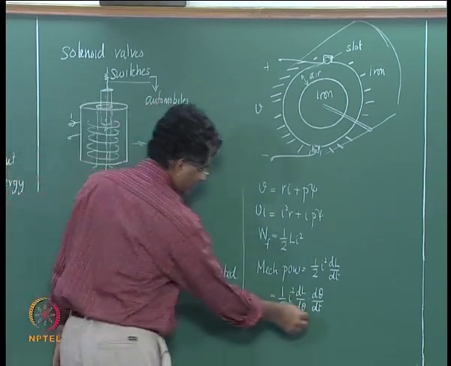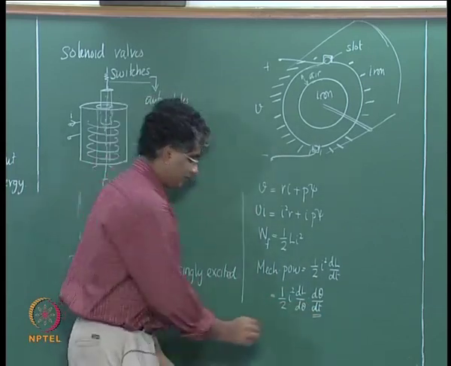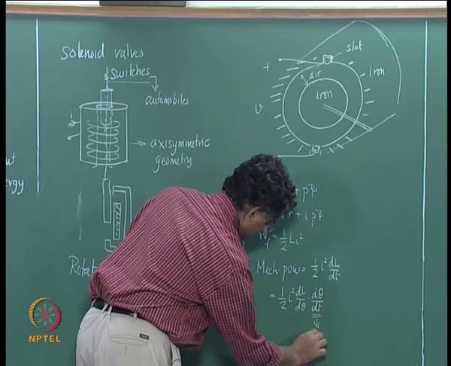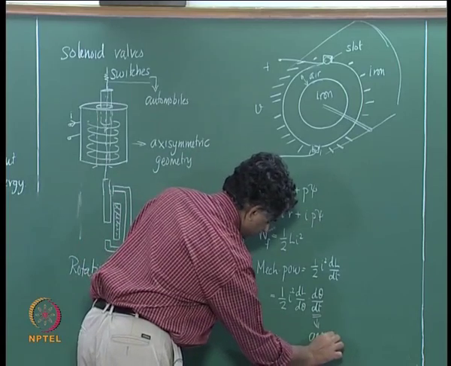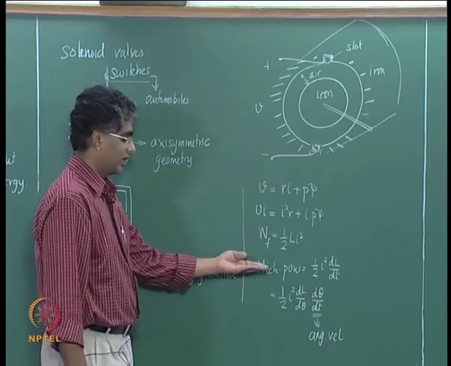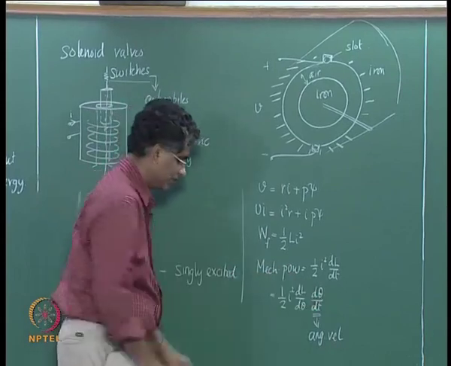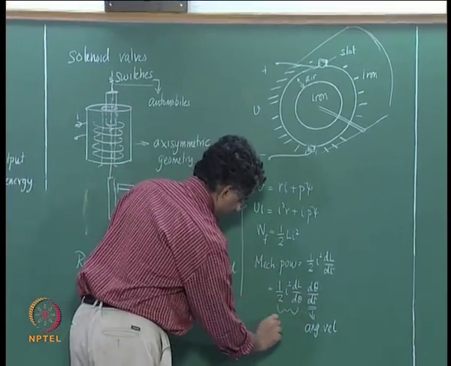Now d theta by dt is nothing but angular velocity. So this is angular velocity, and if you say mechanical output is something multiplied by angular velocity, then this something has to be torque.